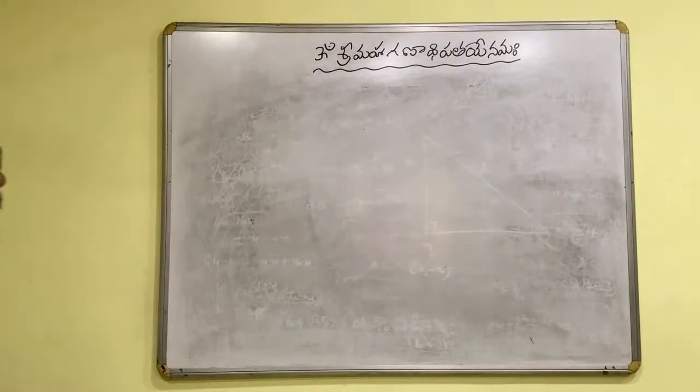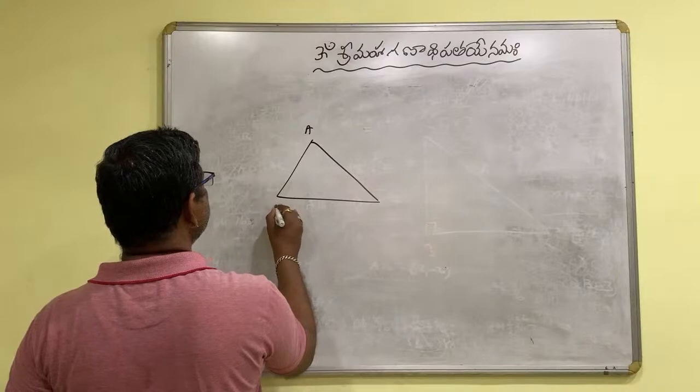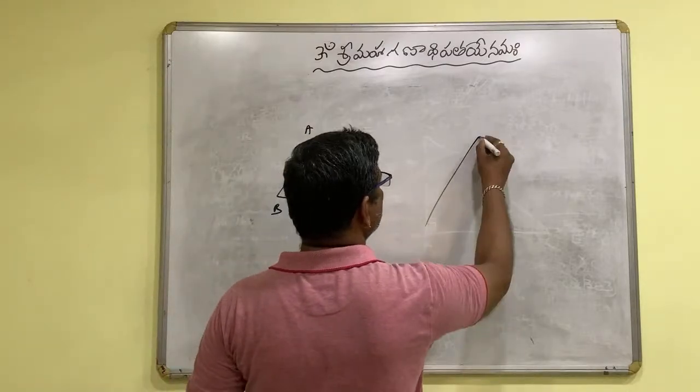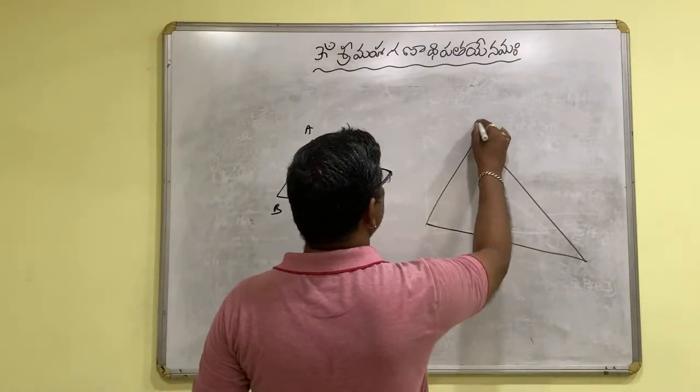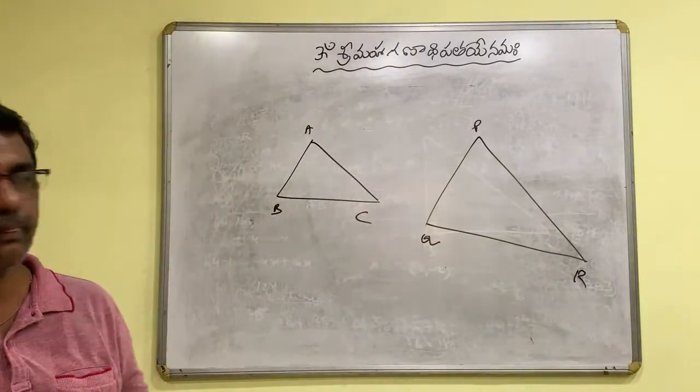Suppose there are two triangles ABC and PQR.